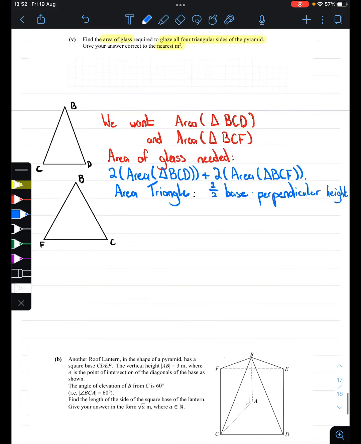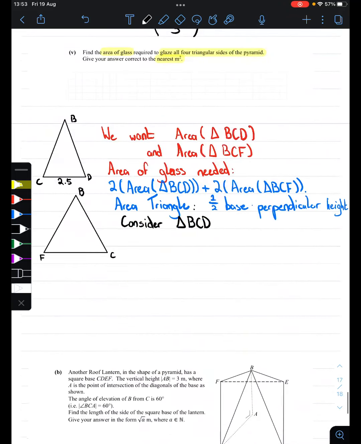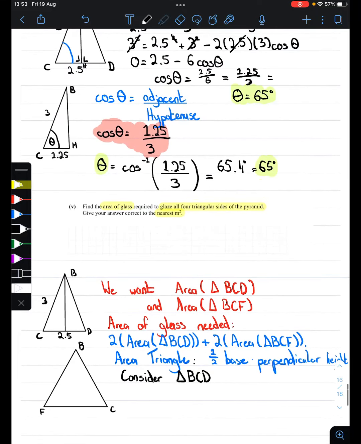Okay, so let's first work with BCD, this triangle BCD. So half the base, so the base, as we know, is 2.5. We know that the side lengths are 3, and so what would this perpendicular height be? Well, we could go up to our triangle here to find the height h.